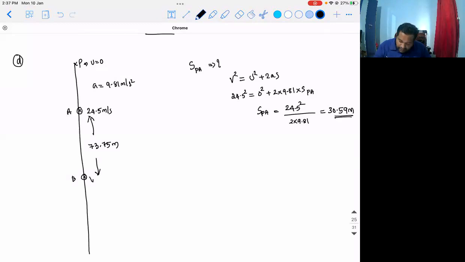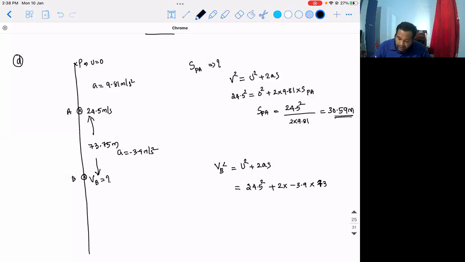And this speed is a big question mark. How will you find that speed, VB? VB squared is equal to U squared plus 2aS, right? U squared is 24.5 squared, plus 2 times minus 3.9, because the acceleration is minus 3.9 meters per second squared, multiplied by 73.75, because this distance is given.